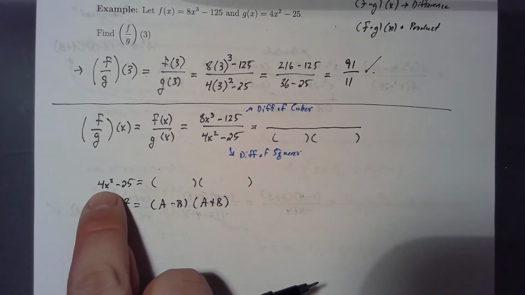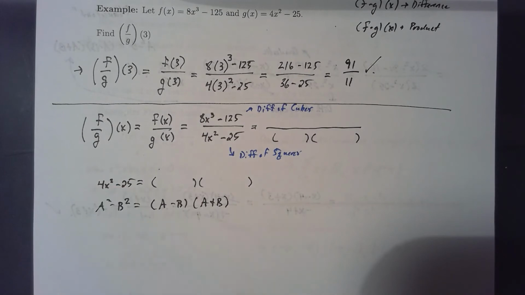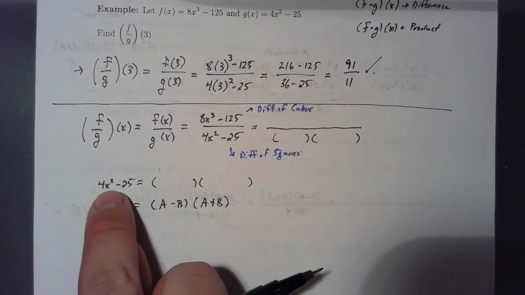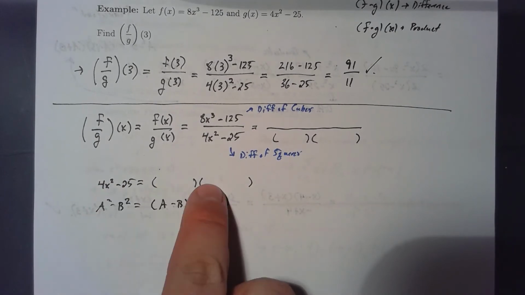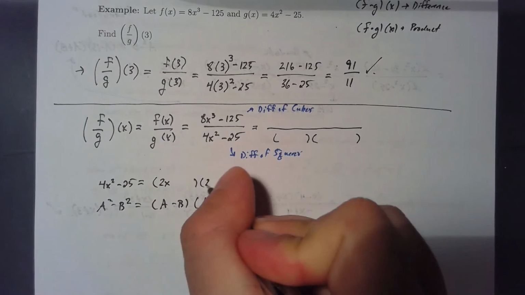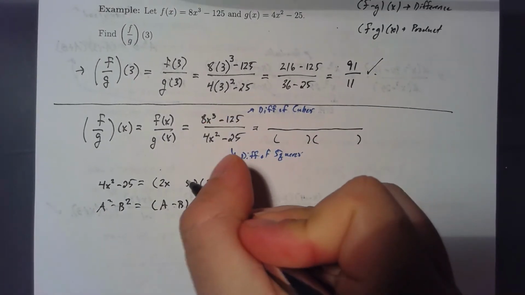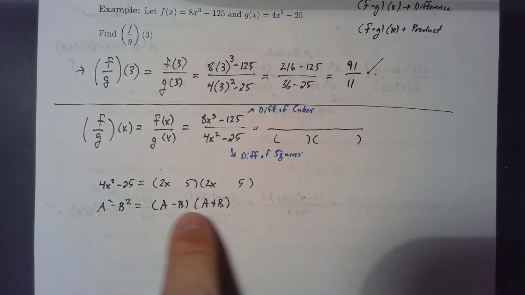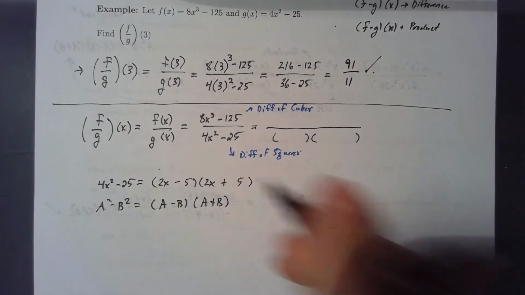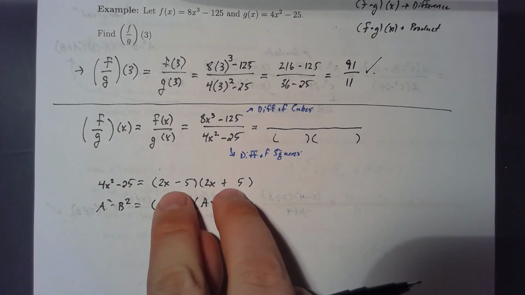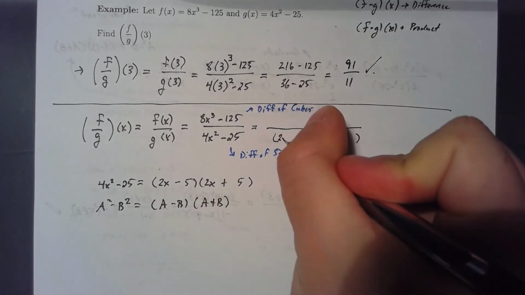So what number squared is going to give me 4? Well, that's 2. And x squared is x. So I know both a's are going to be 2x. What number squared gives me 25? 5. Minus plus. So this factors to be 2x minus 5, 2x plus 5.